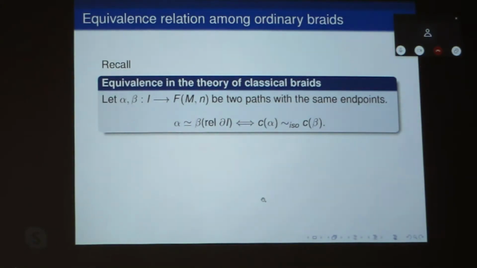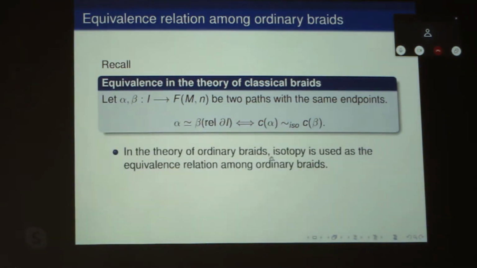Let's look at the ordinary case. For the ordinary case, this relation is the same. In the ordinary case, we can use isotopy to give the equivalence relation between the braids.